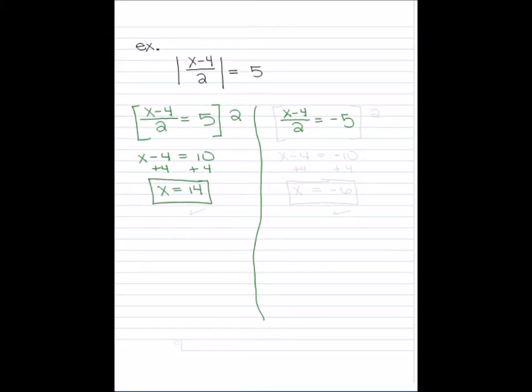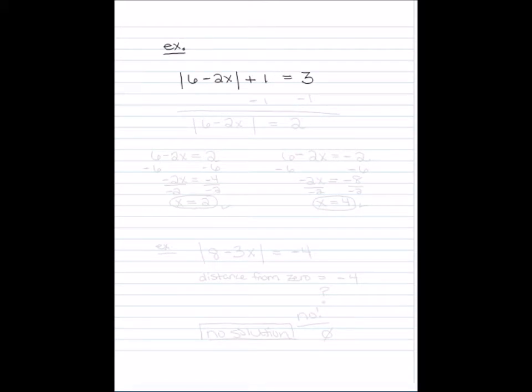Then I go to the other side and do the exact same thing. I need to solve for x, so I multiply everything by the LCD, which is 2. Then I add 4 to both sides, and I end up getting x is equal to negative 6. And this is my second answer.